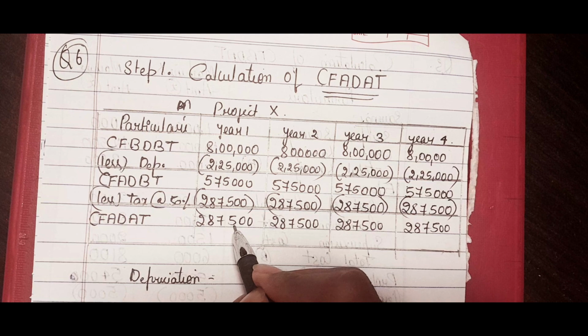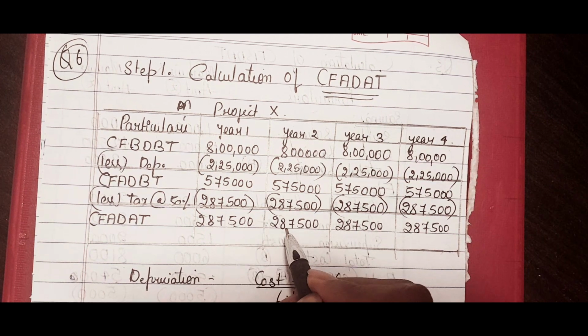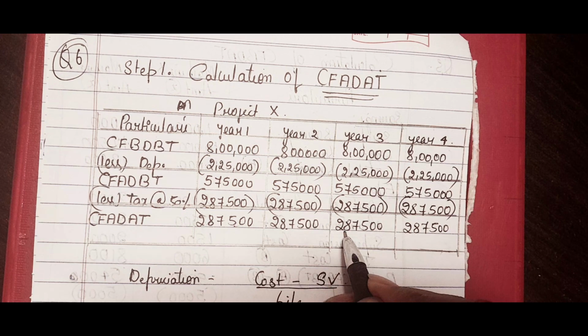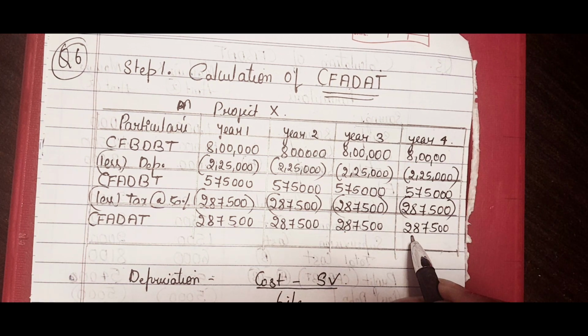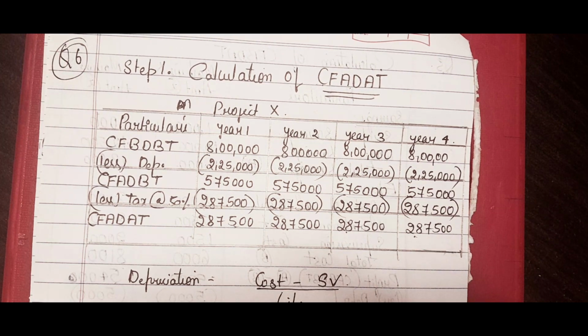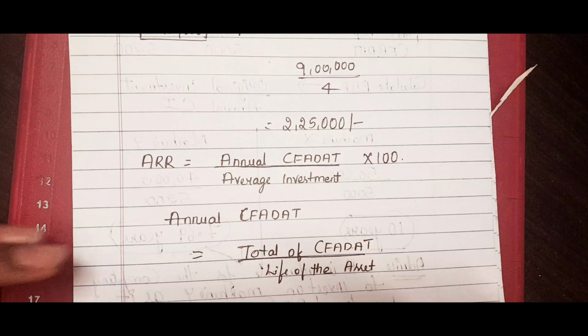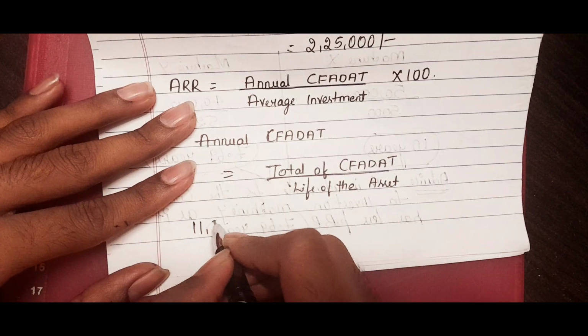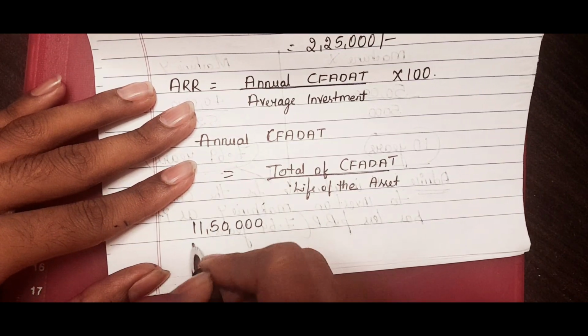Total of CFAD 80 is 2,87,500 plus 2,87,500 plus 2,87,500 plus 2,87,500. It will be how much? The total of CFAD 80 will be 11,50,000.